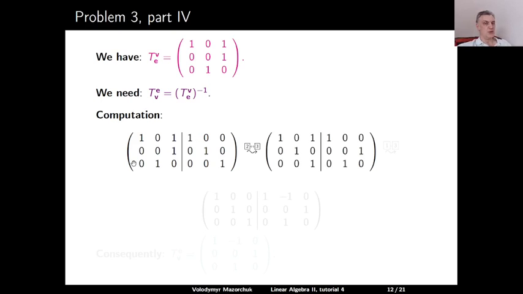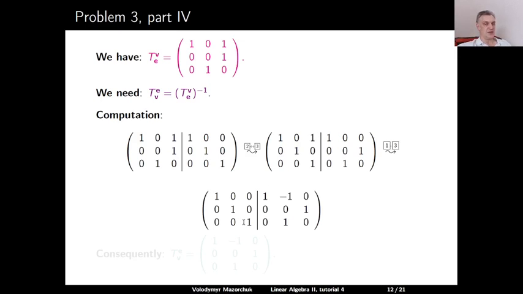So we start by swapping rows 2 and 3 to get these ones on the diagonal. So now we have row 1 remains the same, row 2 is now row 3, and the original row 3 is now row 2. And we only need to kill this one, so we should simply subtract row 3 from row 1.